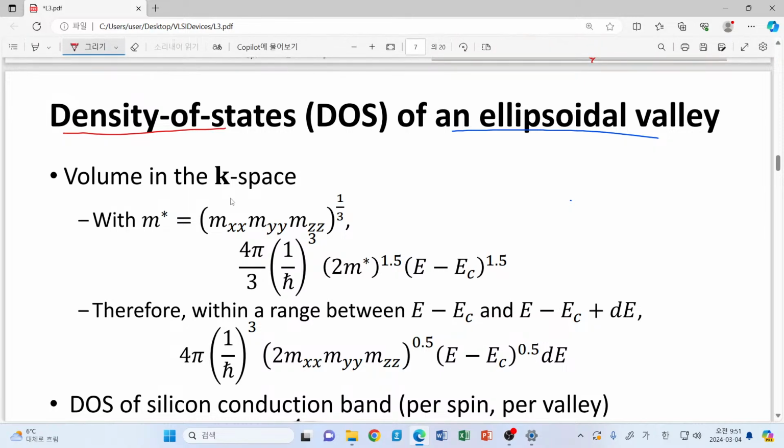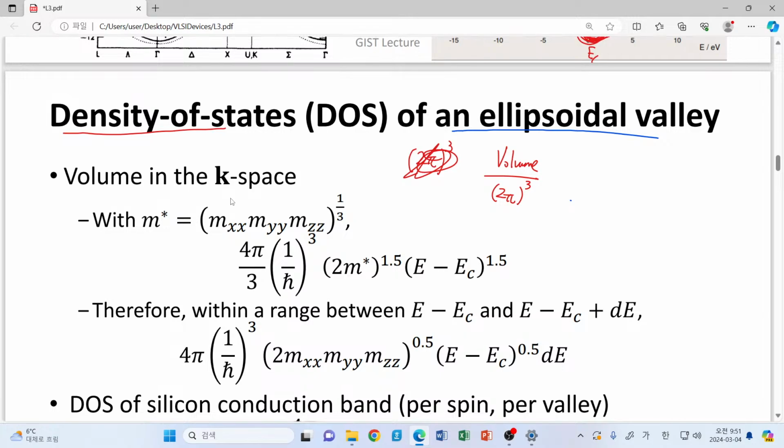Once we calculate the volume inside the K-space, and that is multiplied by some factors like real space volume divided by 2 pi cube, then that will give you the density of state. So simply speaking, we have to calculate the volume of our valley within energy range between E and E plus dE.